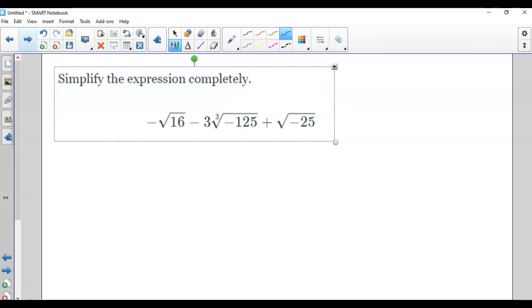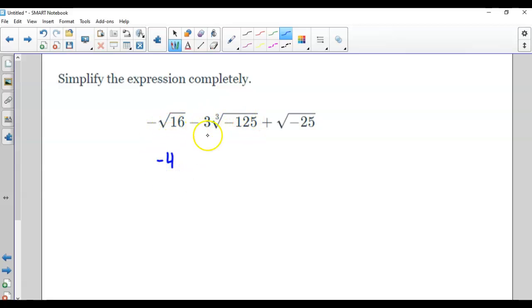Okay. Here's another one. We've got a cube root again for this one. So for this first term, we're going to have negative 4. For the next one, I'm going to put this negative 3 right here for right now, and it's going to be multiplied by the cube root of negative 125. Remember, for cube roots, we're never going to have i's because you can take the cube root of a negative number.